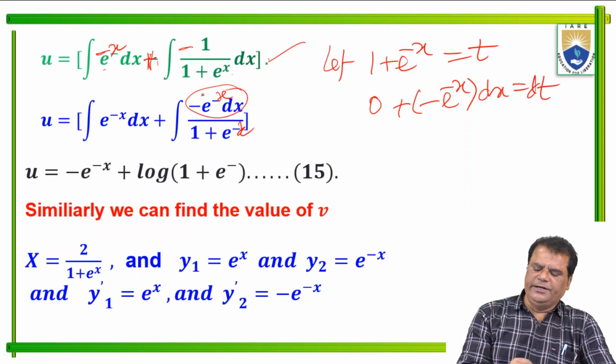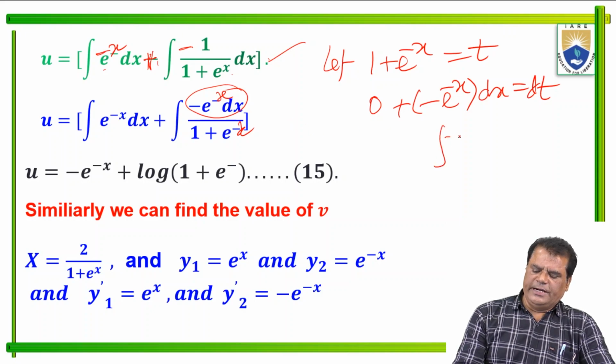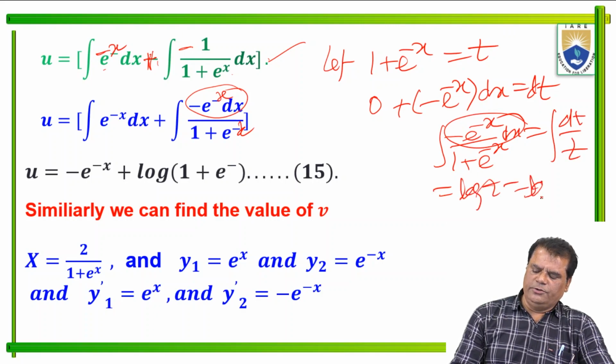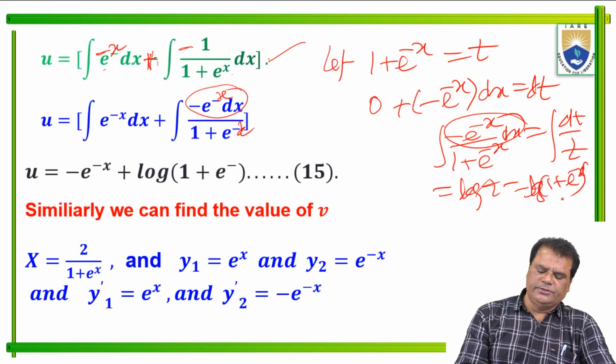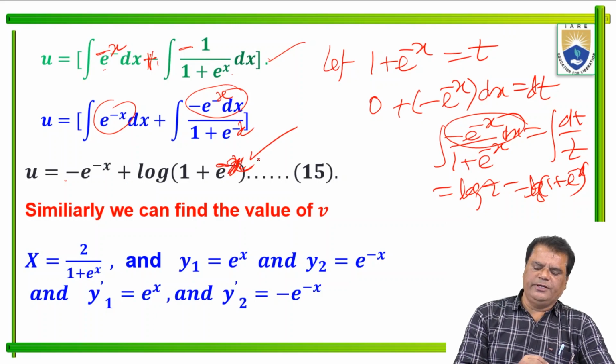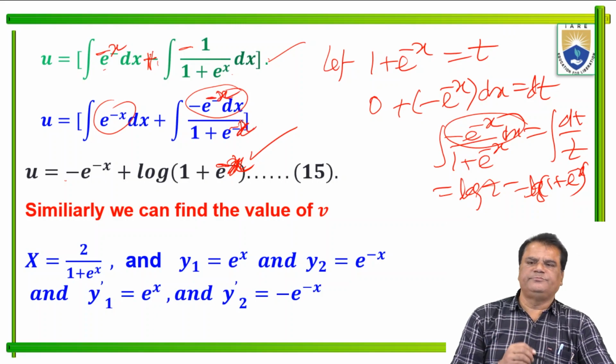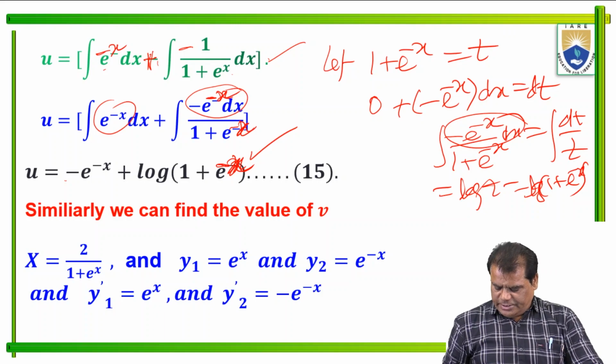So this integral of minus e to the power minus x upon 1 plus e to the power minus x dx converts to dt upon t, so this is log t, which is log of 1 plus e to the power minus x. So the integration is minus e to the power minus x plus log of 1 plus e to the power minus x. There is some typing mistake here.